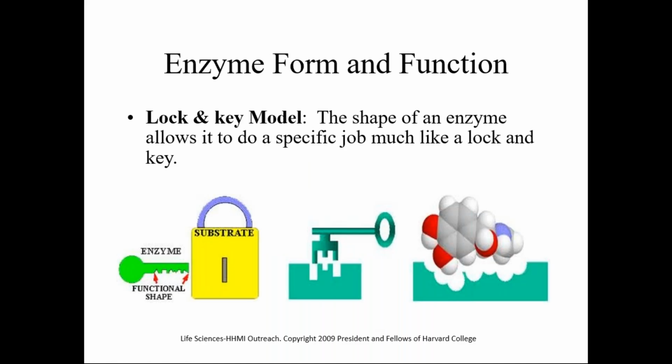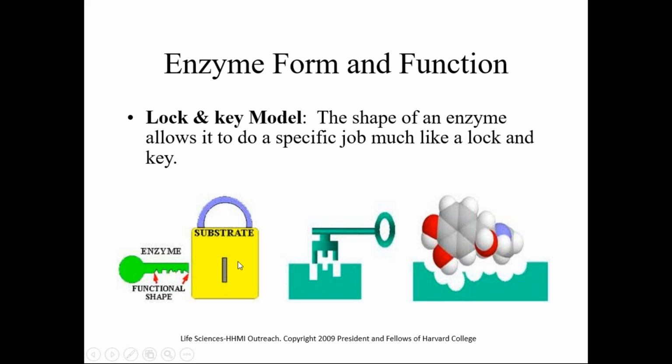So what is the mechanism by which enzymes act? There are two hypotheses put forward. One is called the lock and key mechanism. That is, it is said that every enzyme is like a key that fits into one lock.